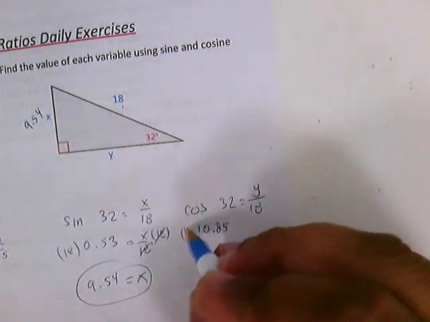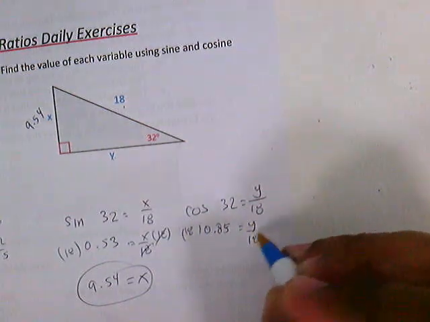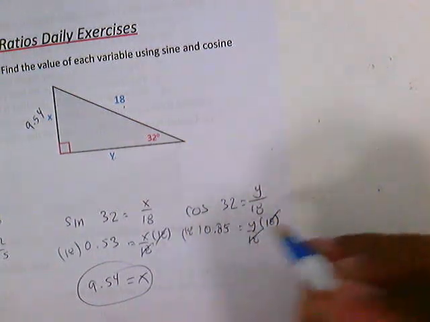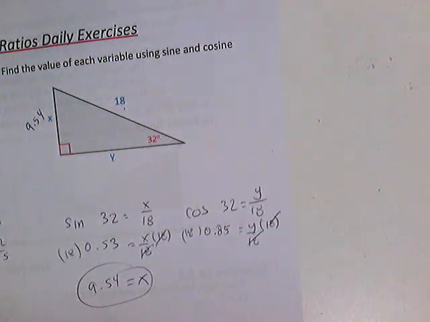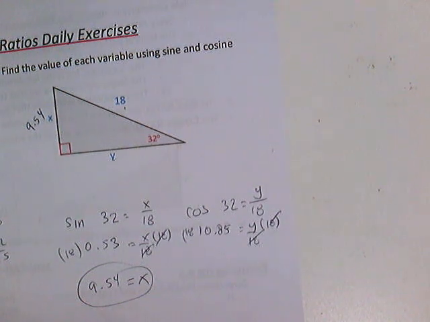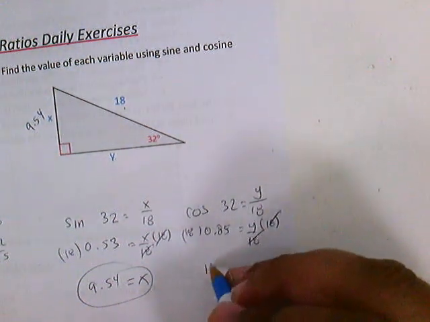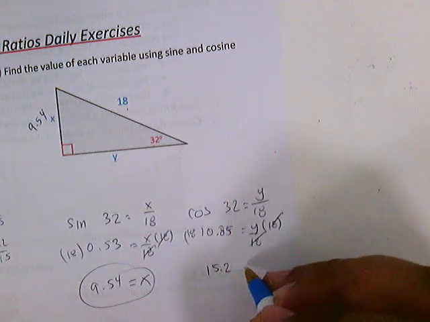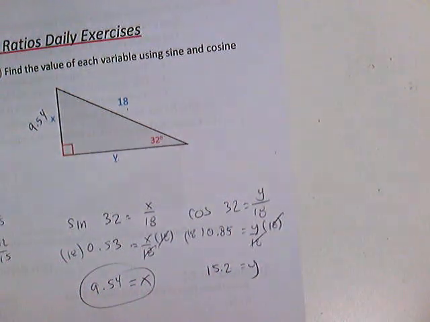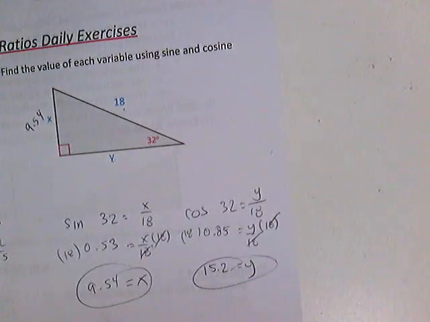And we multiply both sides by 18. When we do that, we find out that 15.2 equals y. And that's how big the other side is. If you have any questions, just go ahead and let me know or let your teacher know. Thank you.